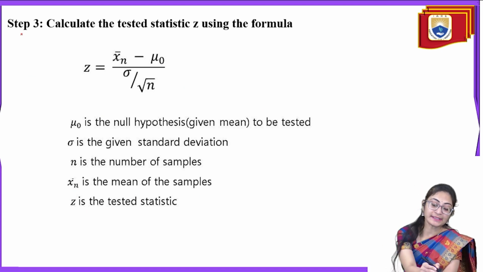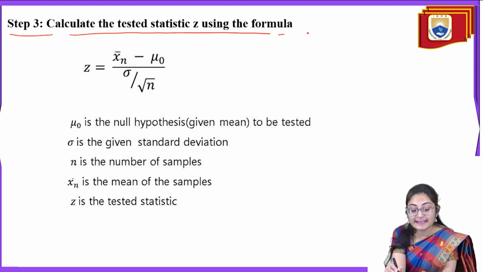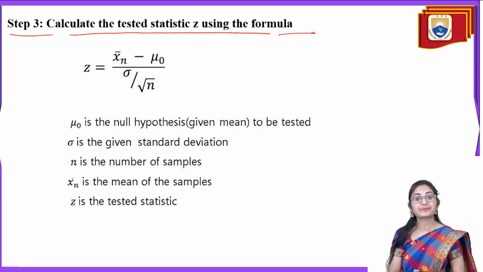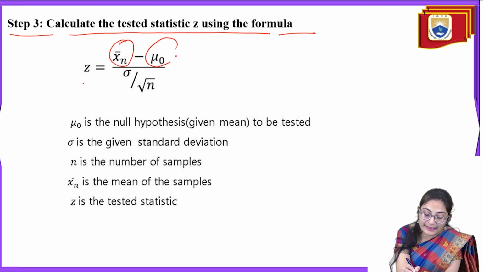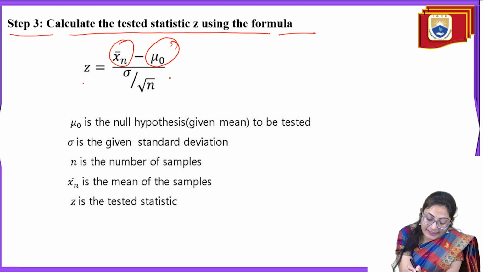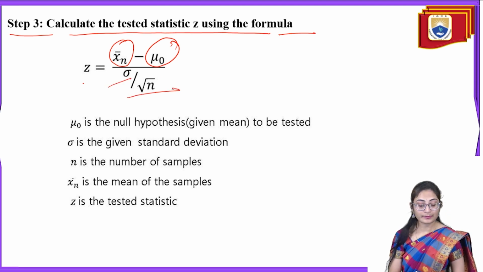Now step 3 is to calculate the test statistic Z using the formula. The Z test formula is Z equals X bar n minus mu naught, divided by sigma divided by square root of n.